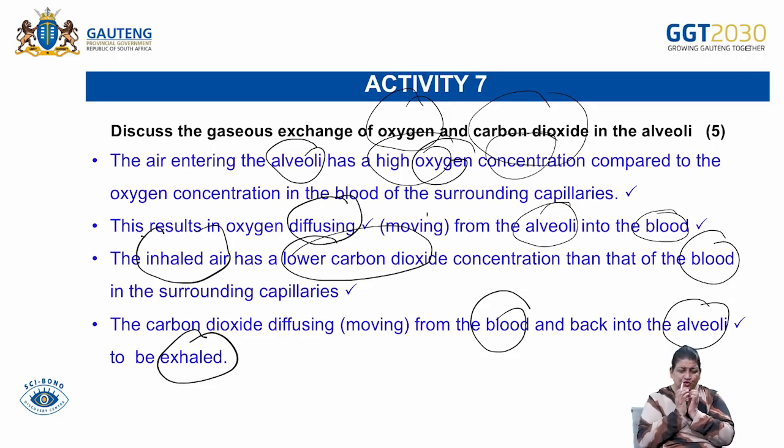This creates a diffusion gradient between the air in the alveolus of the lung and the blood. The blood will have a low concentration of oxygen, so oxygen will diffuse from the alveolus into the blood to be carried to the cells for respiration.